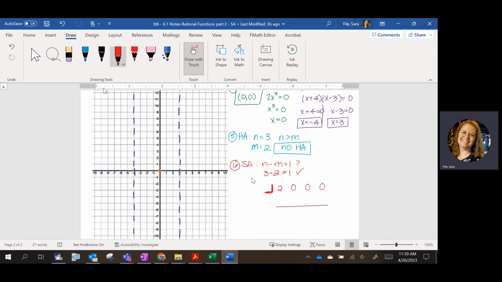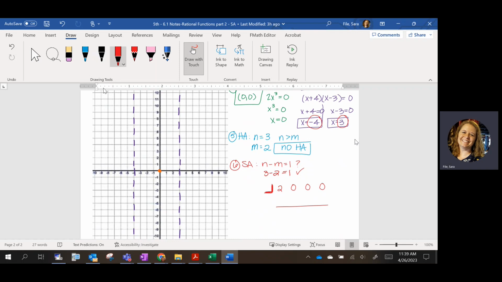Okay. Now, here's where it's different than what you've seen before. What goes in this box usually? You set the denominator equal to 0, right? And solve. And we did that, we said in purple here in step 4, and we got 2 solutions.